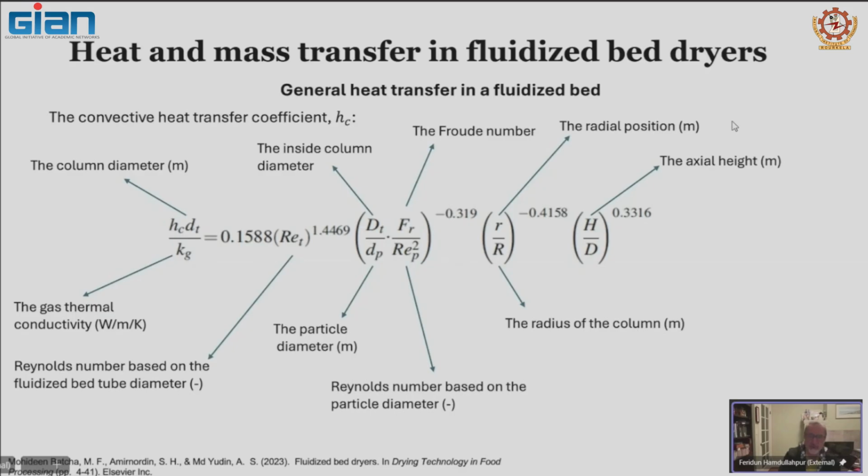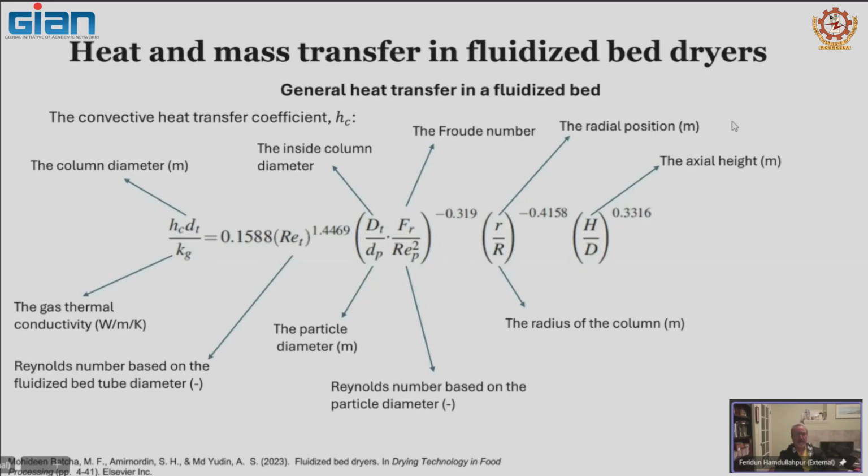The Reynolds number and Nusselt number will all help you to determine the total heat transfer through the estimation of the heat transfer coefficient.